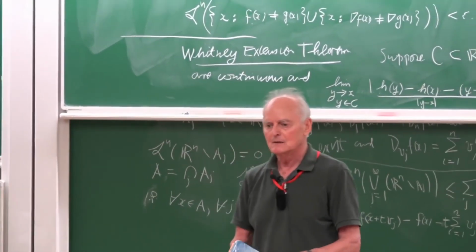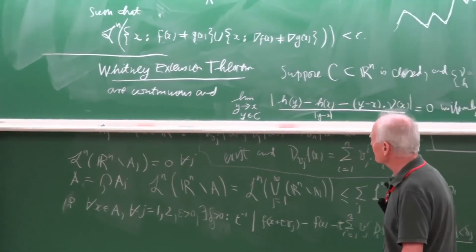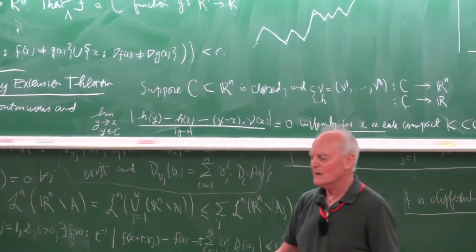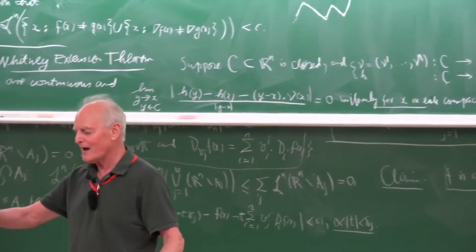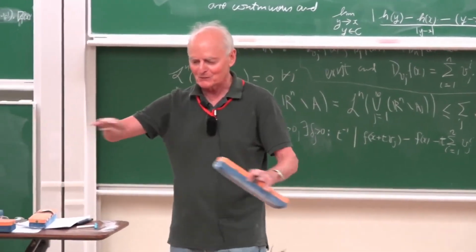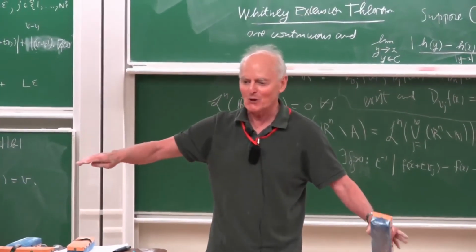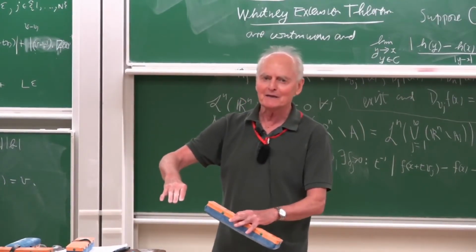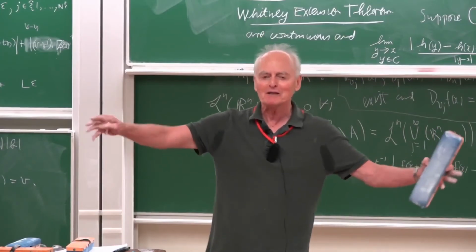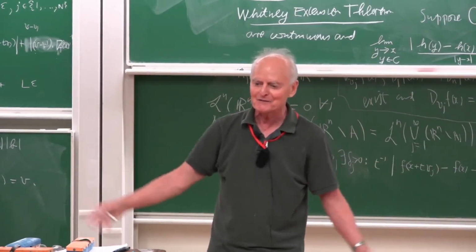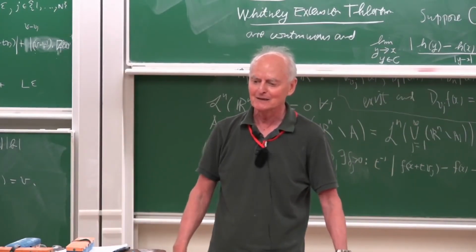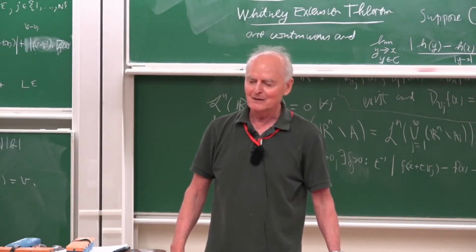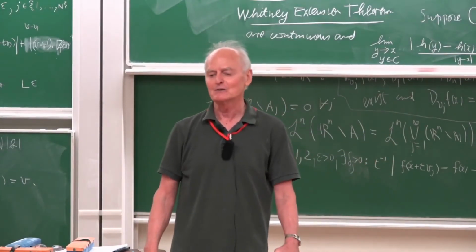There are two ways of looking at that. If the set's fat, then we've already got a function on a big set. Whereas if the set's thin, we've only got a function on a small set, but we have so much flexibility in defining the function on the rest of the space. And the proof is very non-trivial.